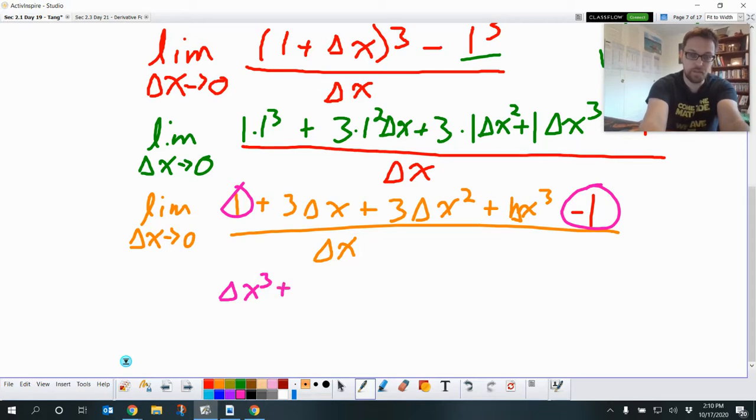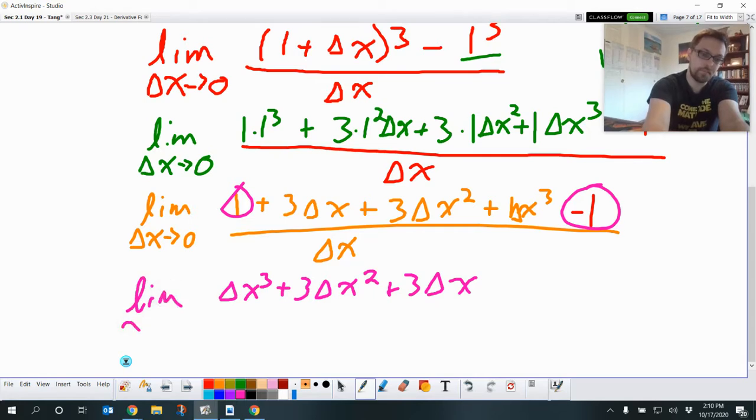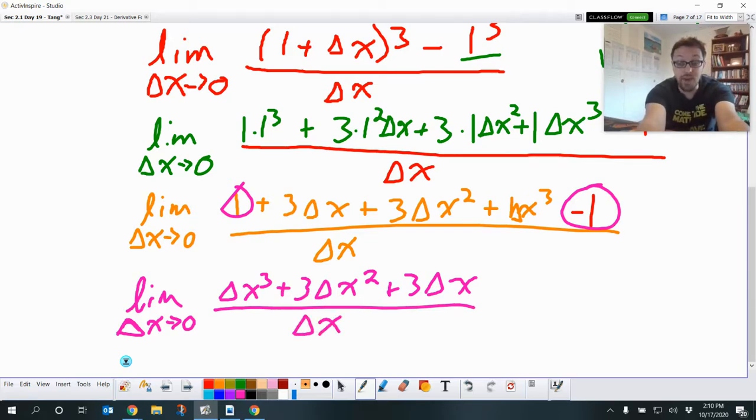I'm going to put them in a nice order. 3 delta x squared plus 3 delta x, all over delta x. Ooh, now we can divide that delta x out so that it'll be gone. So we're left with just delta x squared plus 3 delta x, plus 3.